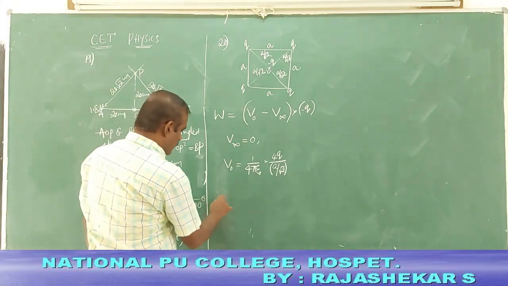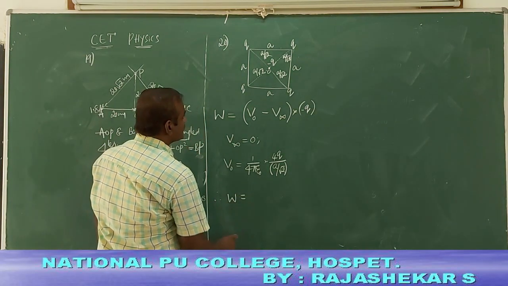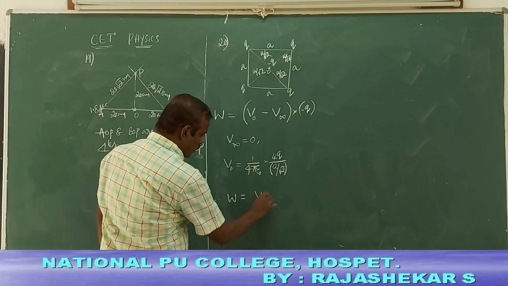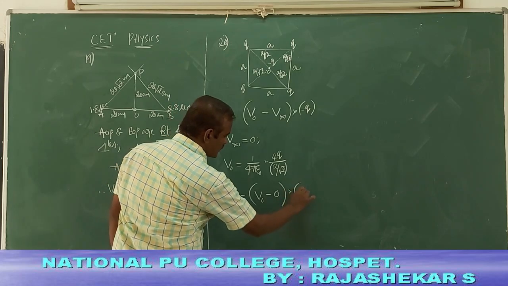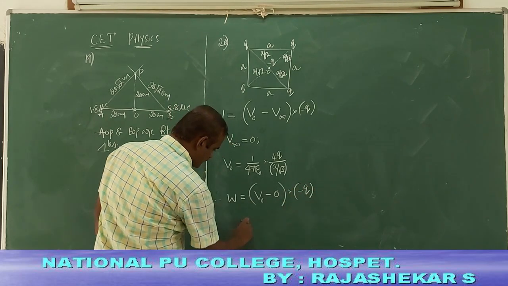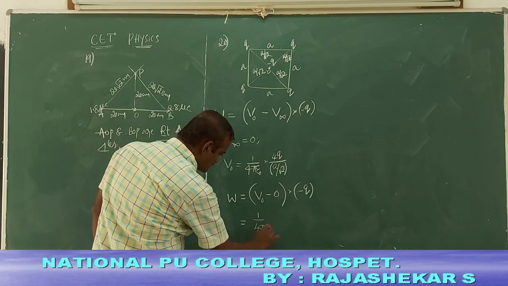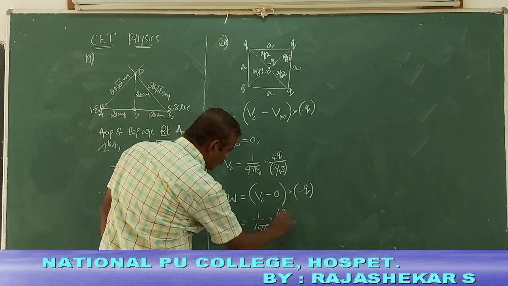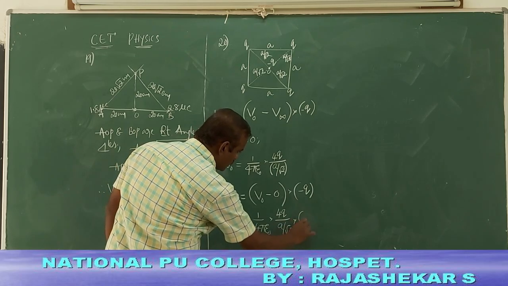Now therefore work done, you see that. V at O minus V at infinity 0, into the charge which is to be moved, minus q, which is 1 by 4 pi epsilon naught, 4q divided by a by root 2, into minus q.